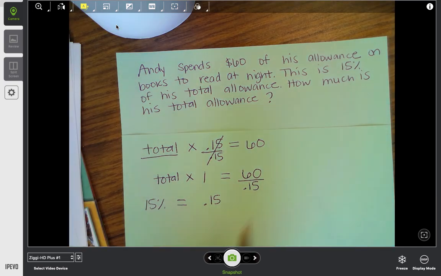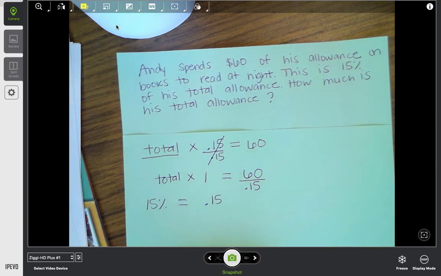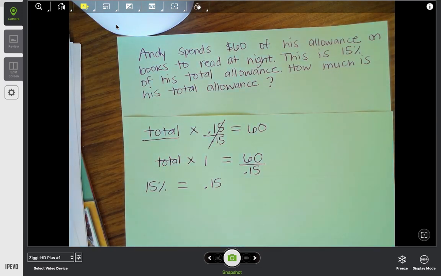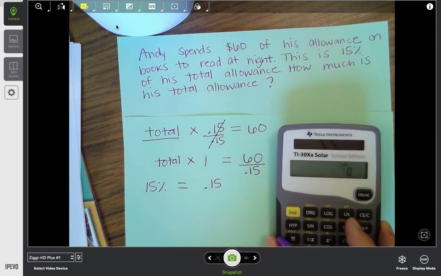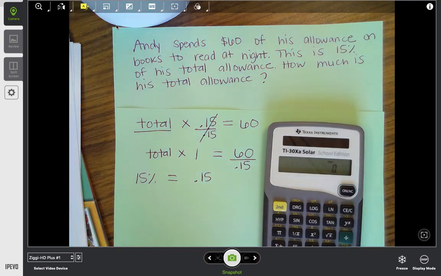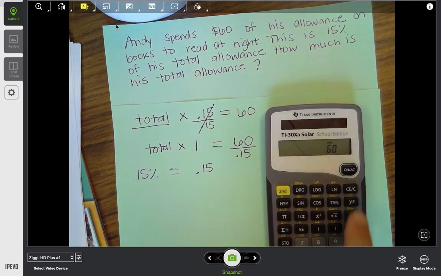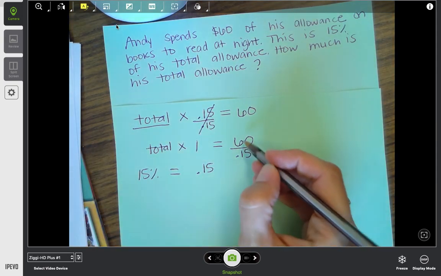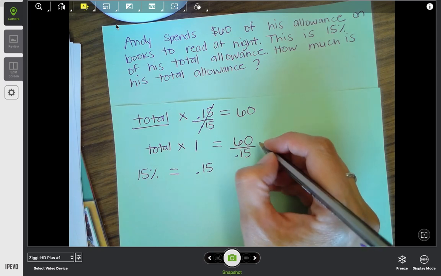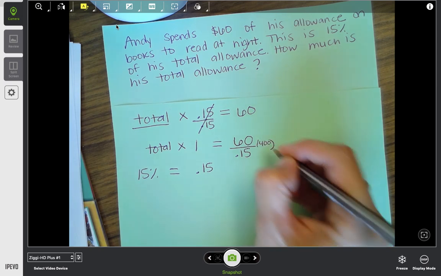And for this, I don't mind if you want to use a calculator, but make sure you're writing down the process that you used. So when I bring my calculator into it, okay, and I say 60 divided by 0.15, that gives me 400. So this divided by this is 400, okay?